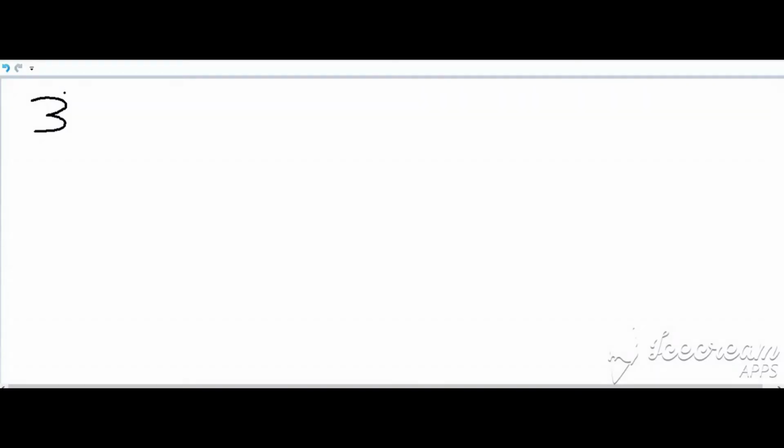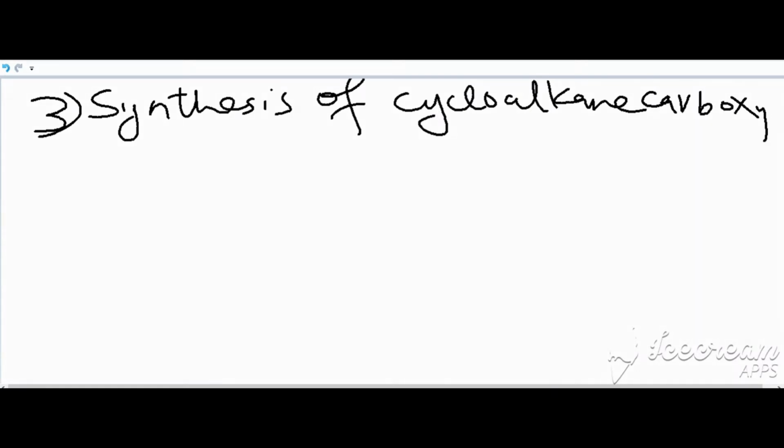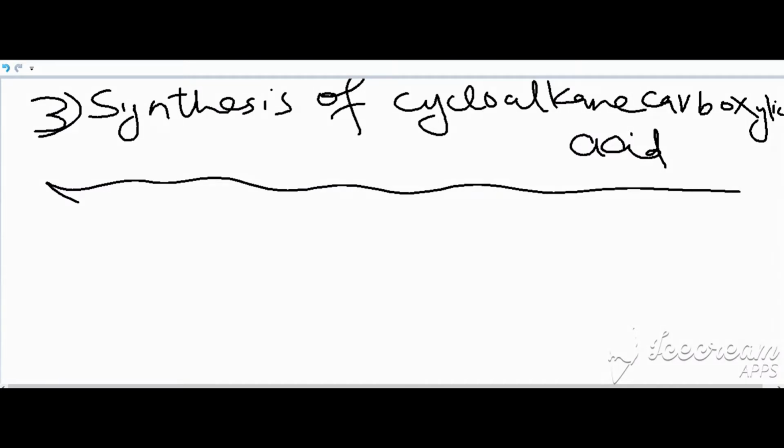Today's topic is the preparation and synthesis of ethyl acetoacetate ester. The third synthesis of malonic ester is the synthesis of cycloalkane carboxylic acid, and the name of this method is Perkin.